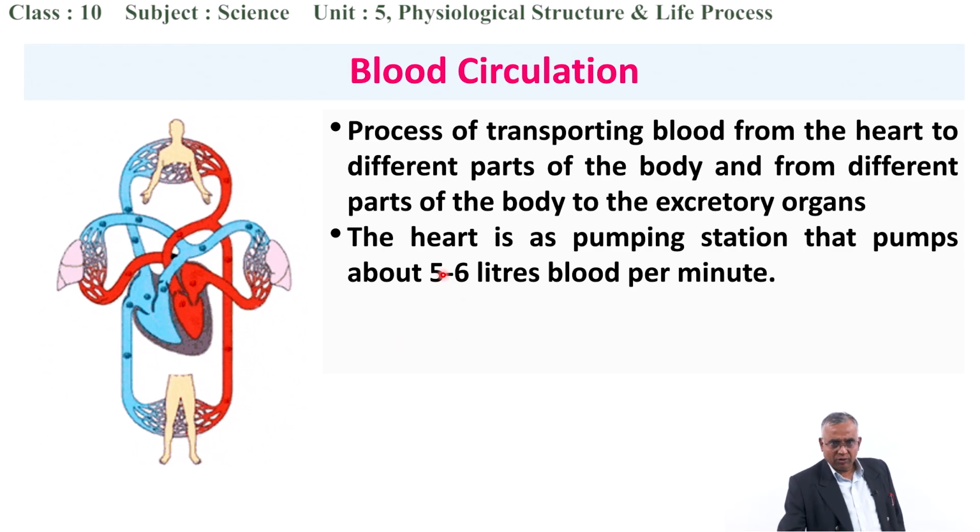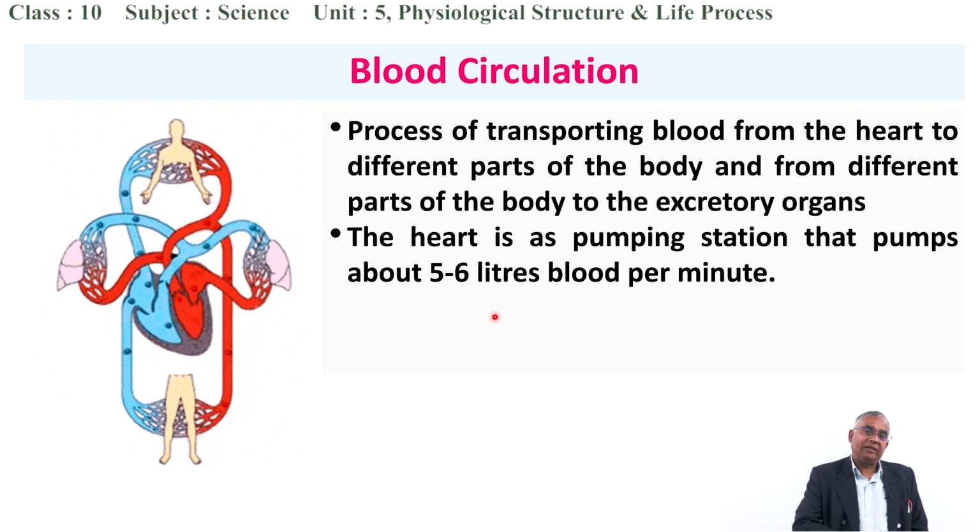So you know that in 1 minute about 5 to 6 liters of blood are pumped by the heart. And one unique characteristic I have told you: this is the only organ in our body which, from birth to death, never gets fatigued. Yes, we discussed about it. It never gets fatigued.